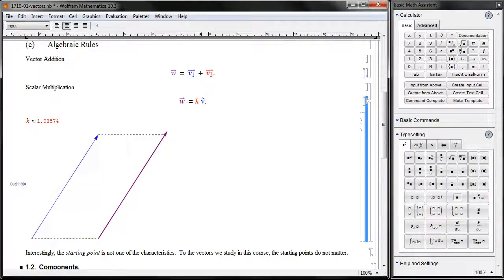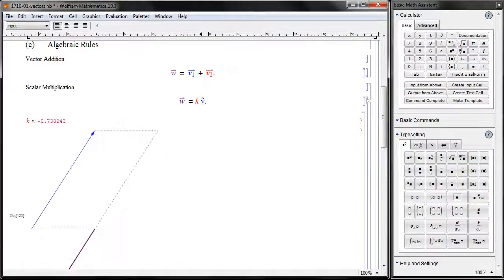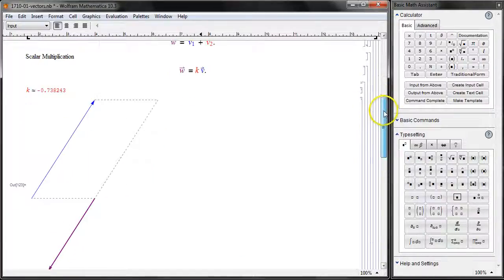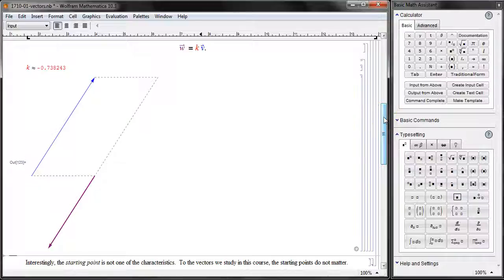And in this case, k is nearly 1, a little bit bigger than 1, so the purple vector is almost the same as blue, a little bit bigger. Oh yeah, I wanted to get something like this. k can be negative as well. That means the purple vector, w, points in the opposite direction. This is negative 0.738 something.